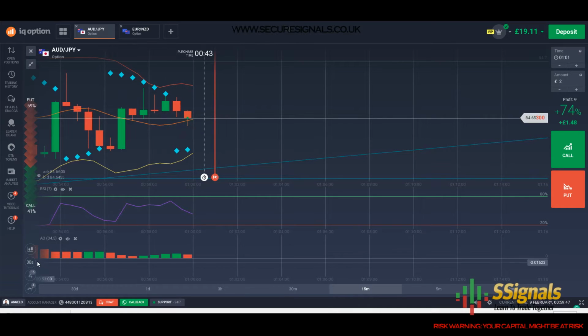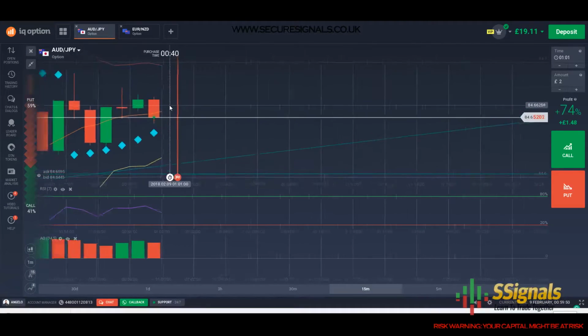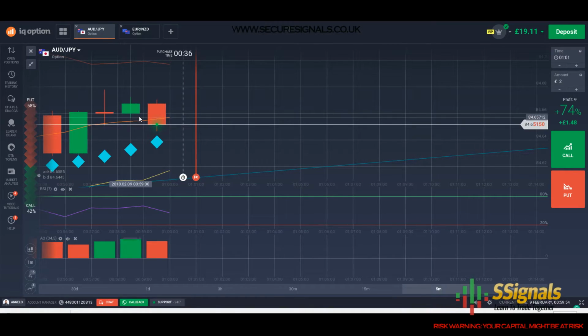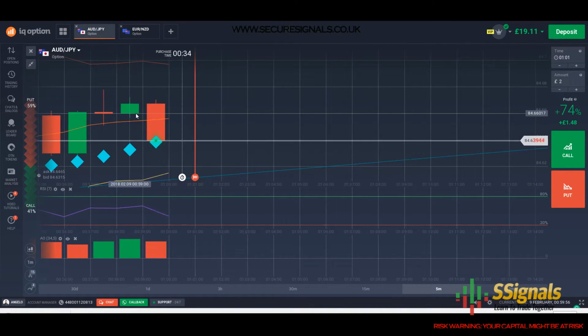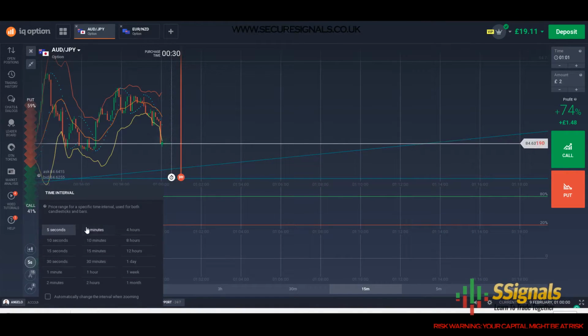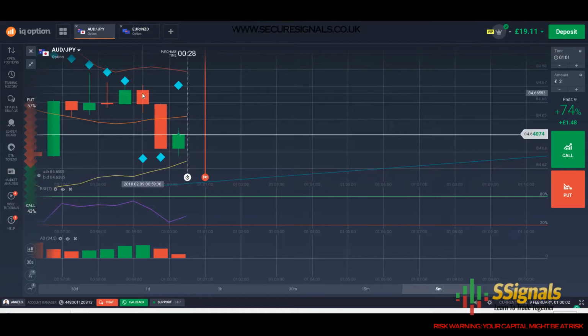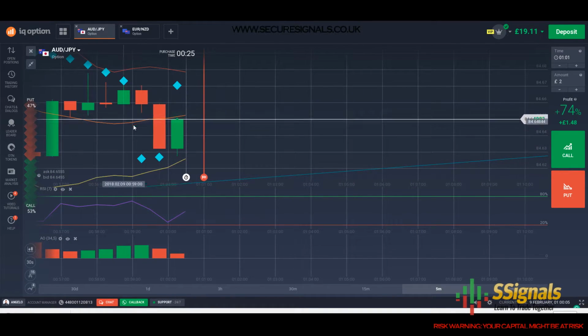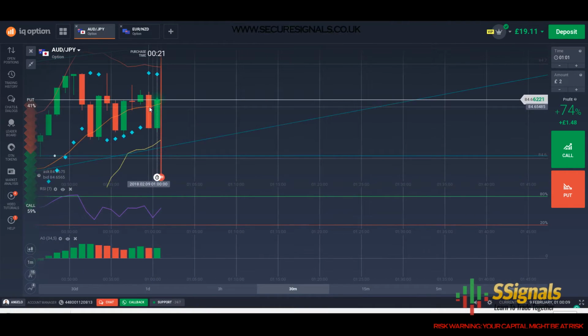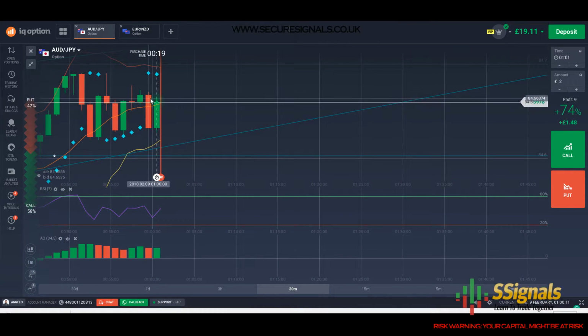But because of the red candle as well, I was a bit wary, and it being on the Bollinger Bands, that's why I decided to stay out here instead of calling a signal. Okay, so as you can see, price has basically plummeted from here, and this is the next 30 seconds, and it's seeming to show big bullish momentum.